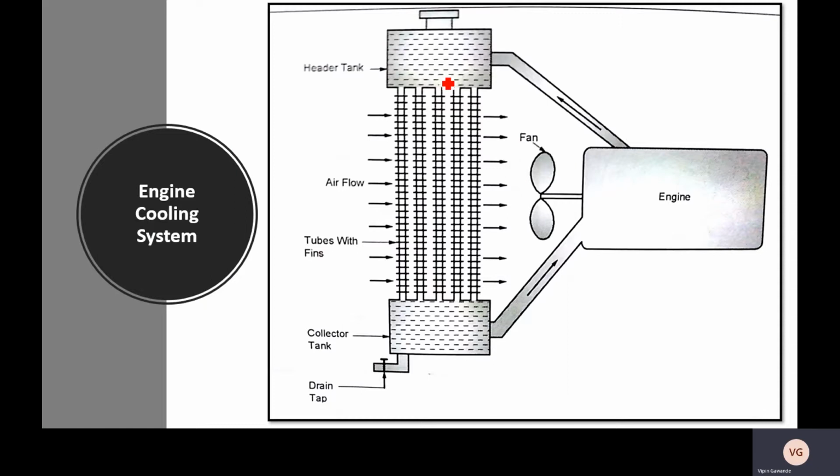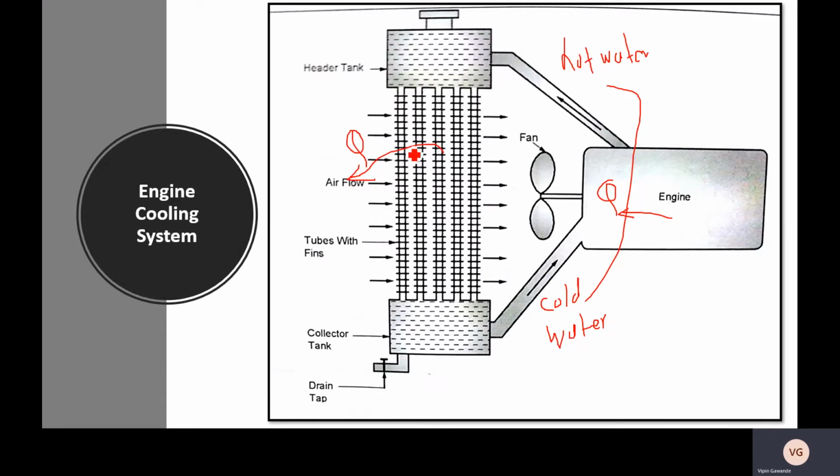So this is the inside view of the radiator, and this is the engine. This is our cold water. The cold water goes from the radiator, and when it enters the engine, it absorbs the heat from the engine. That cold water is then converted into hot water. The hot water passes through the tubes of the radiator, where the fan takes the air from the surrounding, and the hot water rejects its heat to that air.